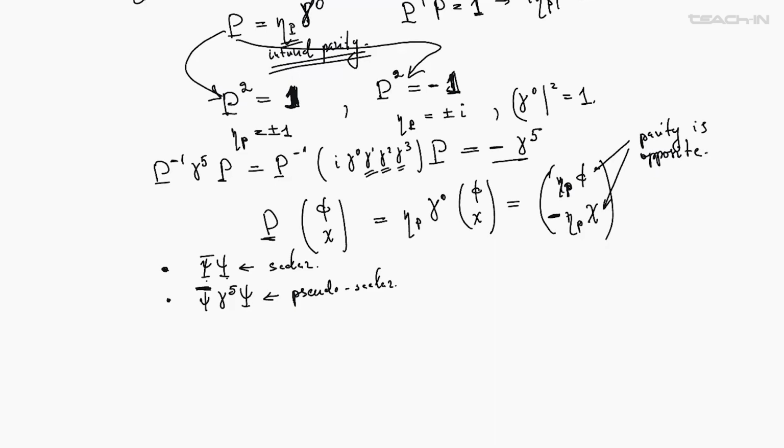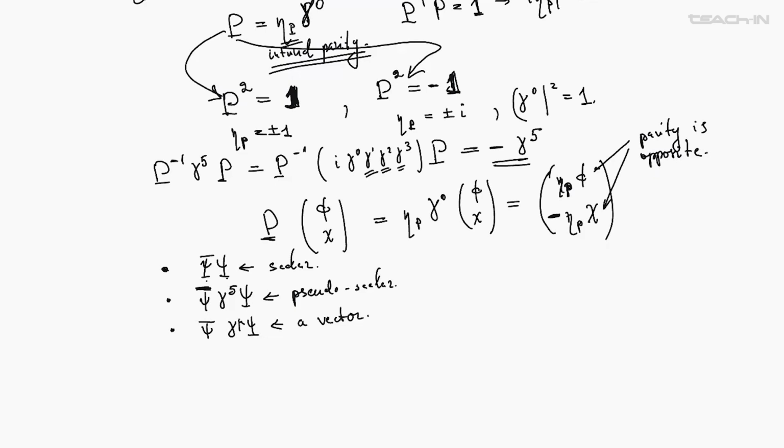Then you have an object which transforms under Lorentz transformations as a vector. This is psi bar gamma mu psi. That is a very important combination. It's a current, which has this dependence on the index mu. So this is a vector under Lorentz transformations.